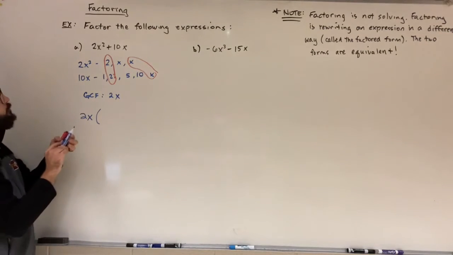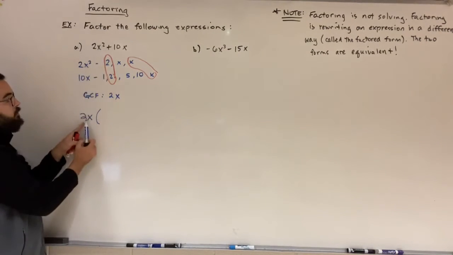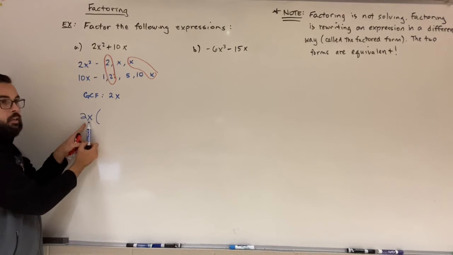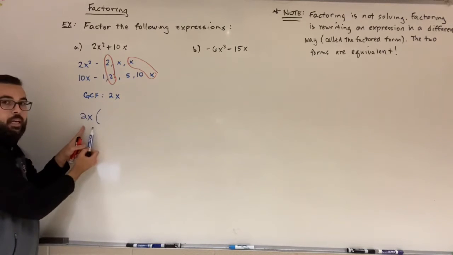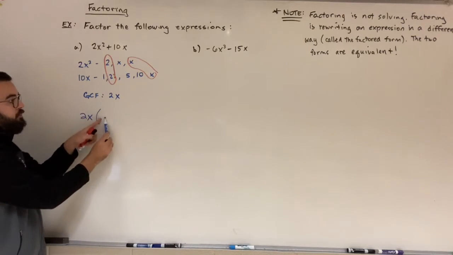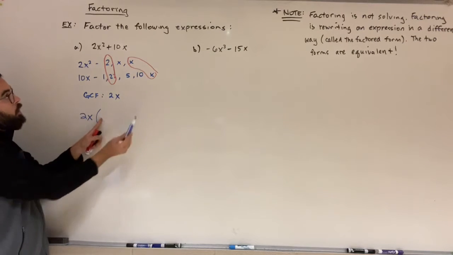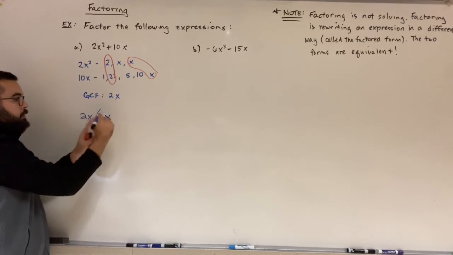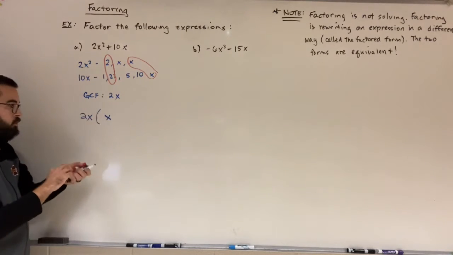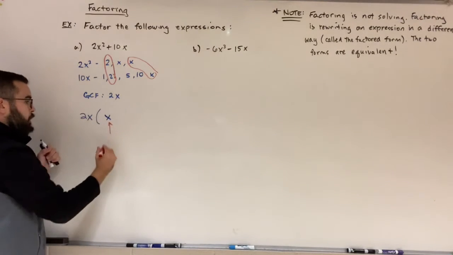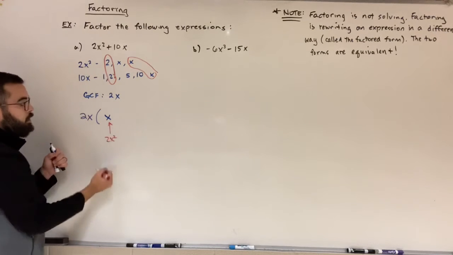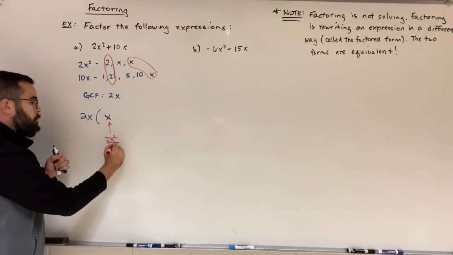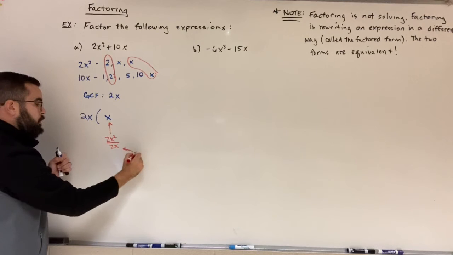So if we take 2x squared and divide by 2x, because we're factoring it out, what are we left with? And the leftover is what's going to go in this first term. Well, if you look at our list here, what's left over is x. Okay, so where did this x come from? This x is 2x squared, what we started with, divided by 2x.